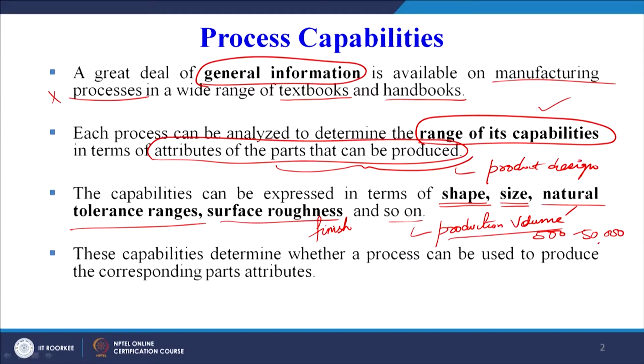These capabilities determine whether a process can be used to produce the corresponding part attributes. The part attributes will come from the product design, and whether we can manufacture this design or not will depend upon the capability of the process. So we have a product design with us. For example, this pen I am using, this design is ready.